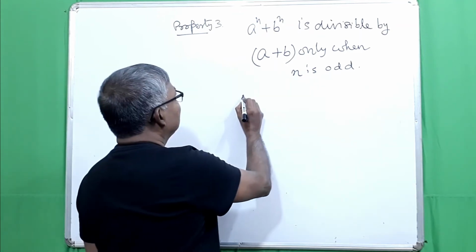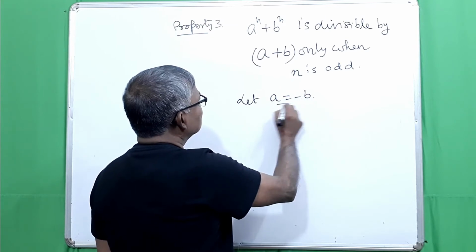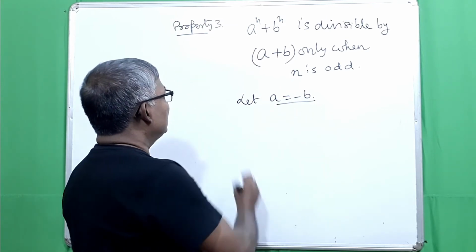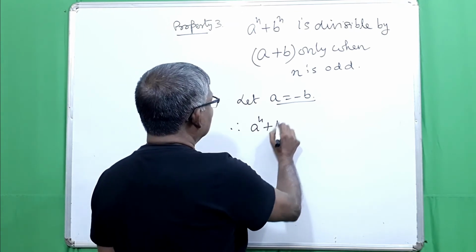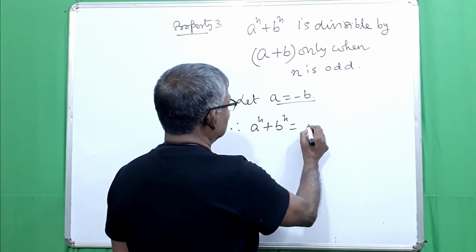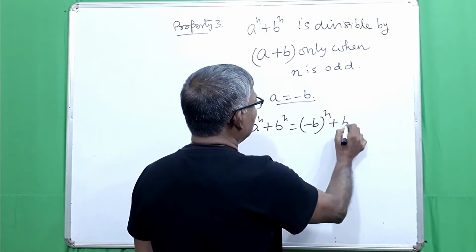Let a equal to minus b. Therefore a to the power n plus b to the power n equal to (minus b) whole to the power n plus b to the power n.